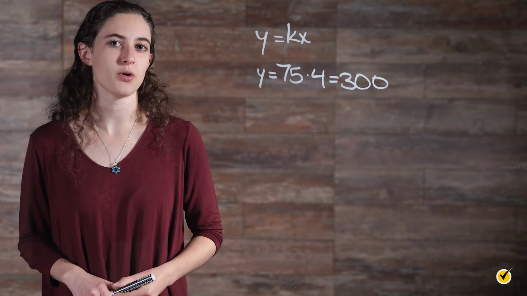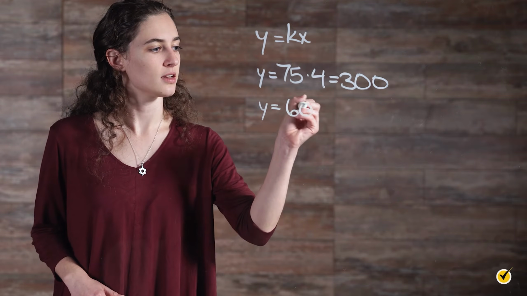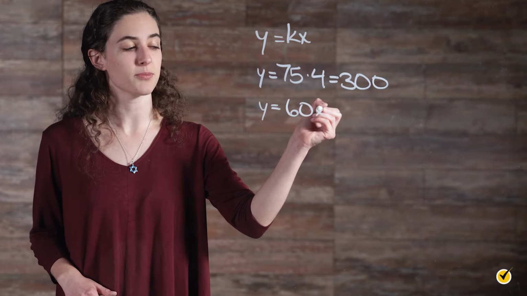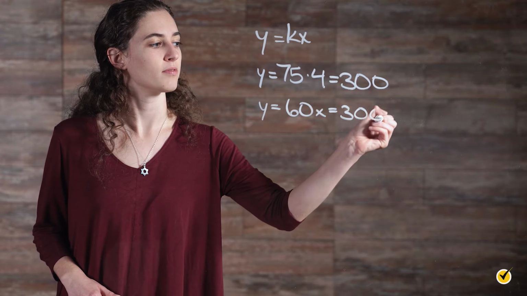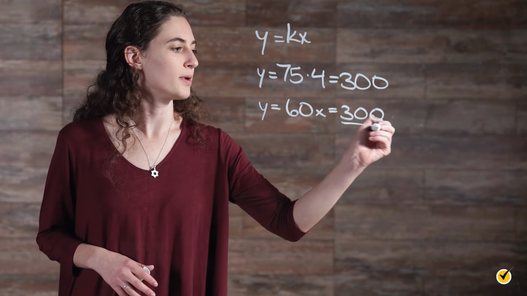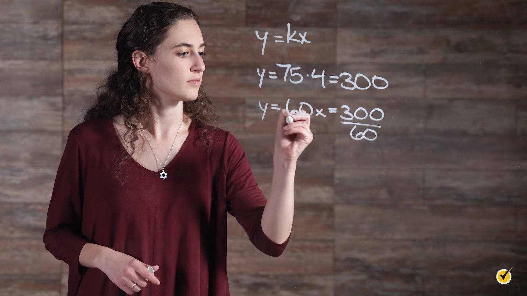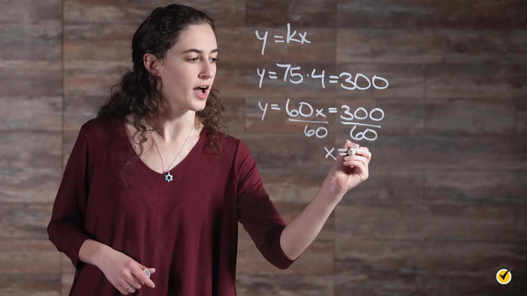Now you are driving slower. So you have y equals 60 times x, which represents the number of hours traveled, equals 300. So to solve for x, you divide by 60 on both sides and get x equals 5.